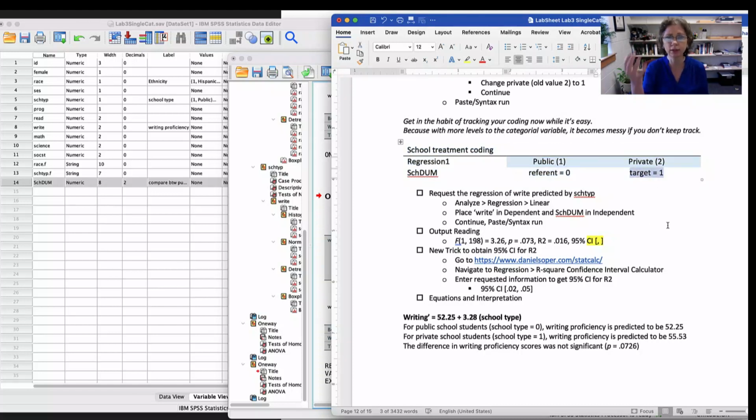As we have more levels in the categorical, it'll get a little more involved. But we are ready to request the regression for write predicted by school type. We're going to go to Analyze, Regression, Linear, put write in the dependent and school dumb in the independent, and then put that into syntax to run.